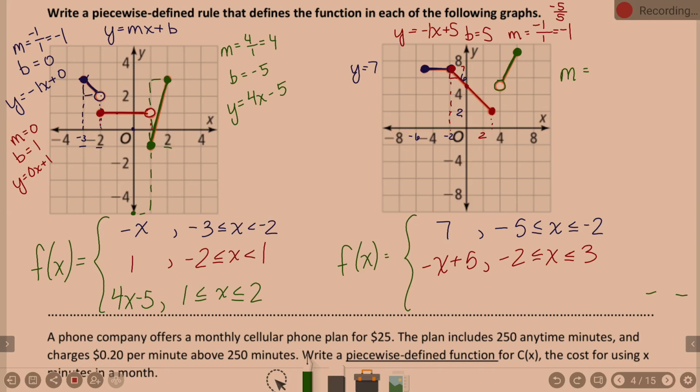Now, ways to do this. If we start from down here and we rise 1, 2, 3, 4, you're rising from a 5 to a 9, so that's a rise of 4. If you run 1, 2, you're running from 4 to 6, which is a run of 2. 4 over 2 is 2.